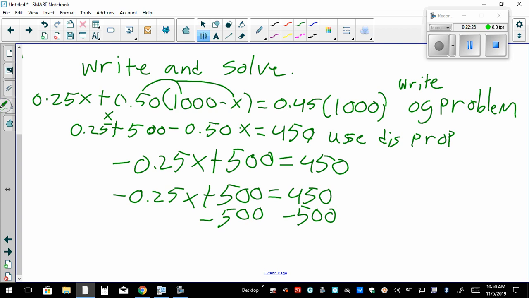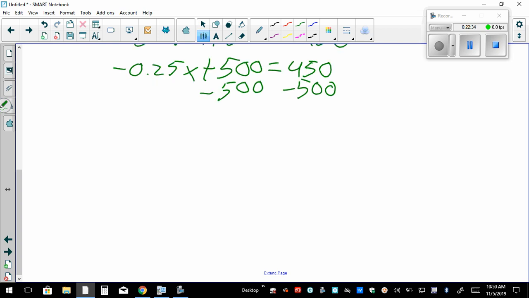Then I would simplify that, and that would be negative 0.25x equals negative 50.